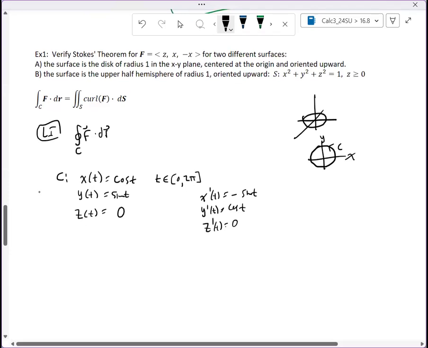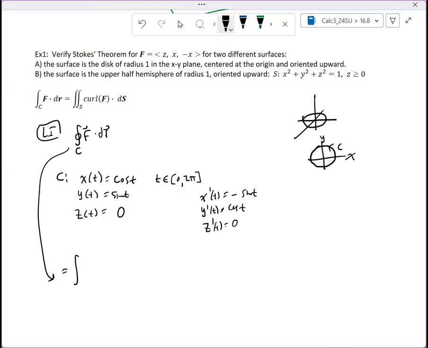So what's my line integral? That's the integral of t going from 0 to 2 pi of, well, I just need f dot dr. So I need z. Well, let me write that out.